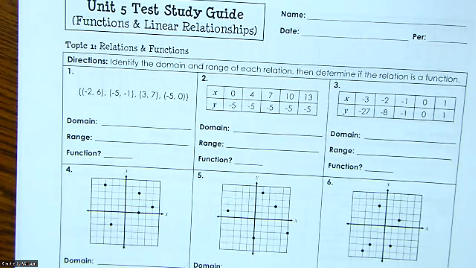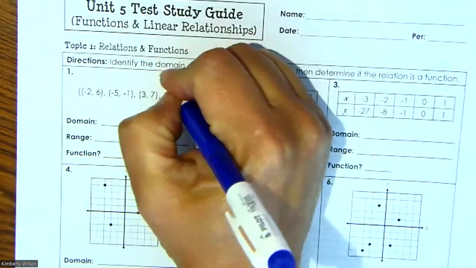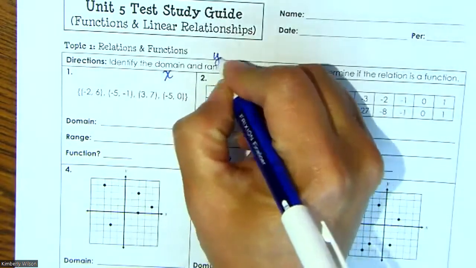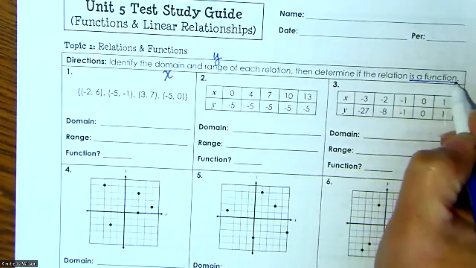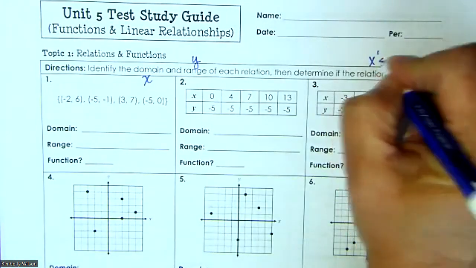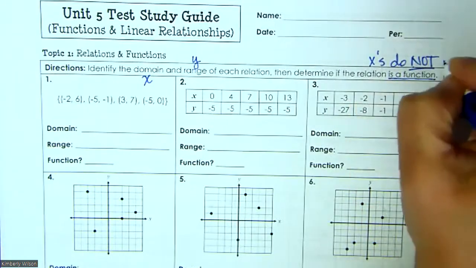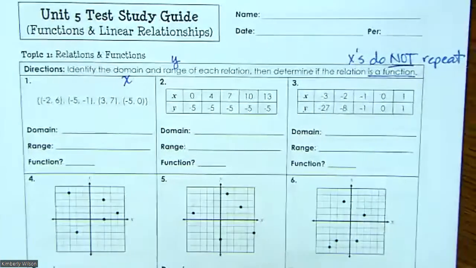All right, so looking at number 1, it says identify the domain. Remember that domain is the X values, okay? The range is the Y values. You want to determine if it is a function. For it to be a function, that means the X's do not repeat.